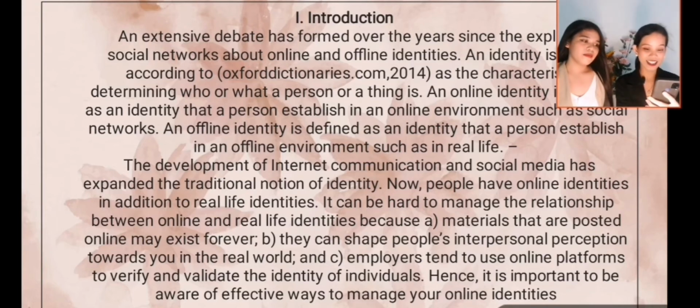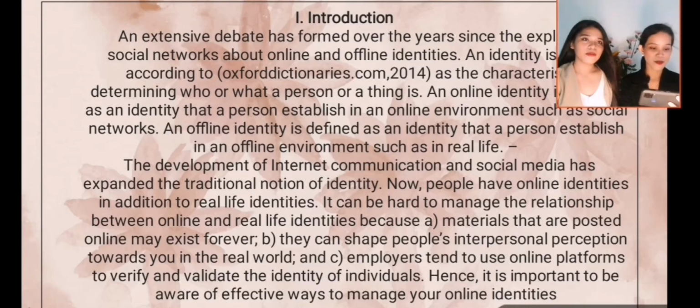An online identity is defined as an identity that a person establishes in an online environment, such as social networks. An offline identity is defined as an identity that a person establishes in an offline environment, such as in real life. The development of internet communication and social media has expanded the traditional notion of identity. Now, people have online identities in addition to real-life identities.